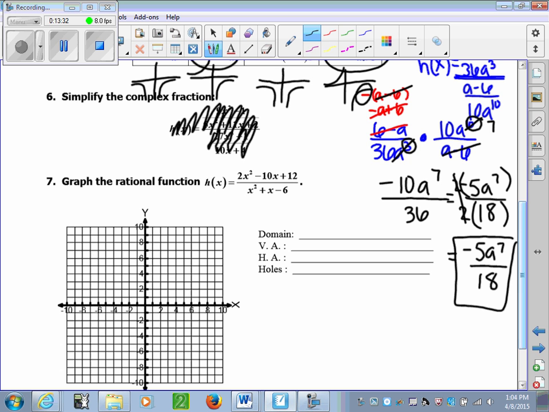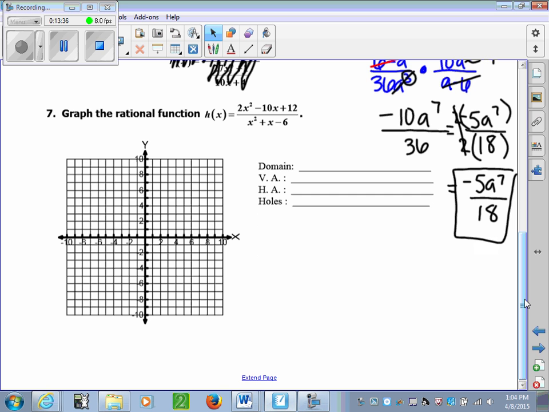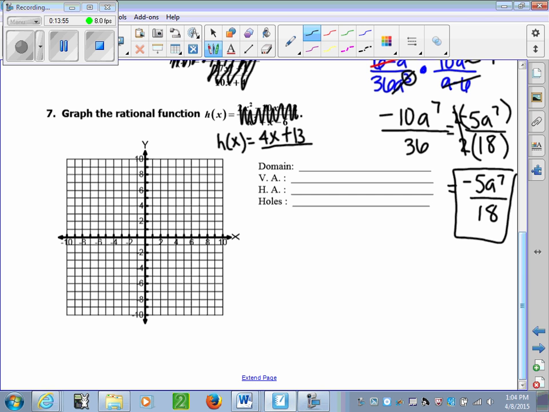All right. Next one. I also changed up this question a bit and changed it to be h of x equals 4x plus 13 divided by x minus 8.